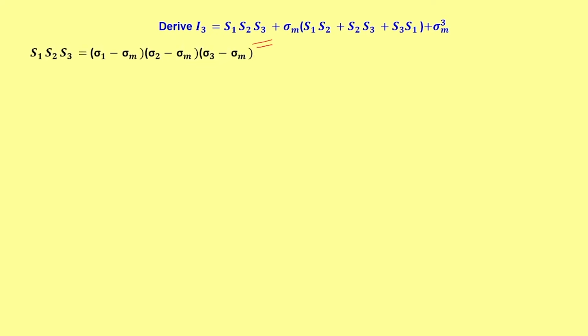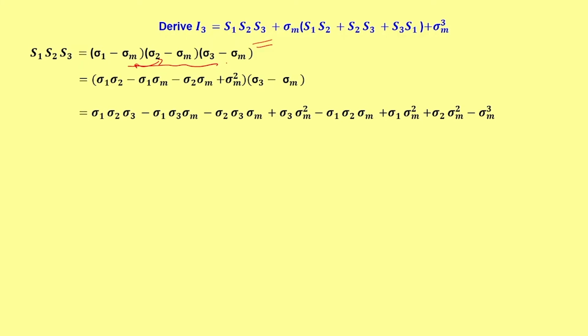So, we will first start with S1 S2 S3 and we know the expression for this, which is equal to sigma 1 minus sigma m, sigma 2 minus sigma m, sigma 3 minus sigma m. So, if you expand, you will get sigma 1 sigma 2 sigma 3 minus sigma 1 sigma 3 sigma m and so on. These I am not reading one by one. So, if you expand this, you will get this.